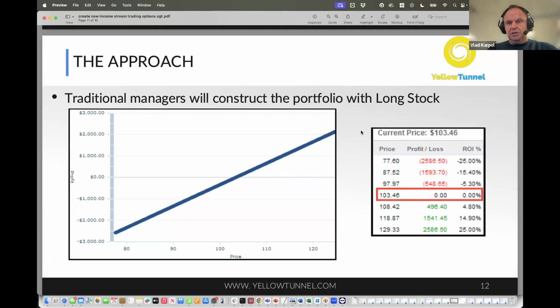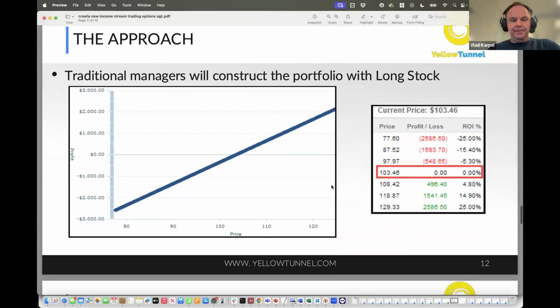So the chart looks like this, just a straight line. In case you're wrong, it goes in a different direction. The maximum loss in this example is $103.46, if that asset is worth nothing.